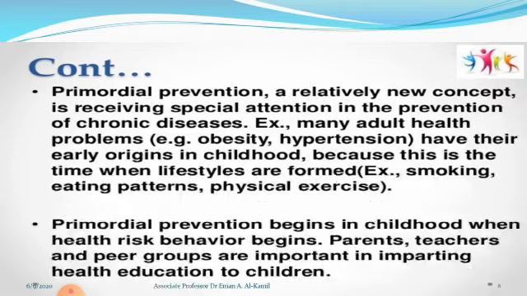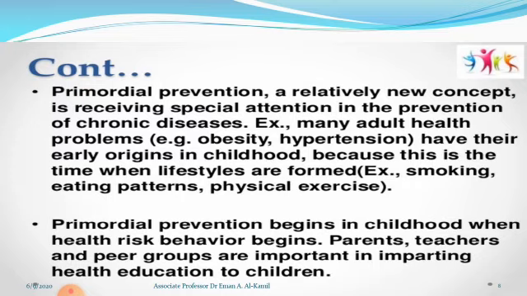Primordial prevention is a relatively new concept, and it is receiving special attention in the prevention of chronic diseases. Many adult problems such as obesity or hypertension have their early origin in childhood. This is the time when lifestyles are formed, such as smoking, as we mentioned, eating habits, and physical exercise.